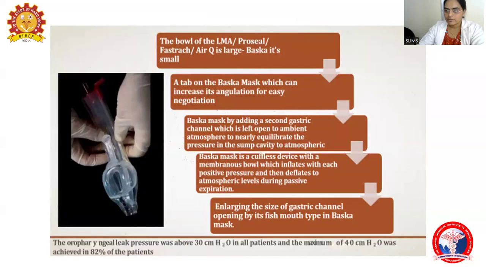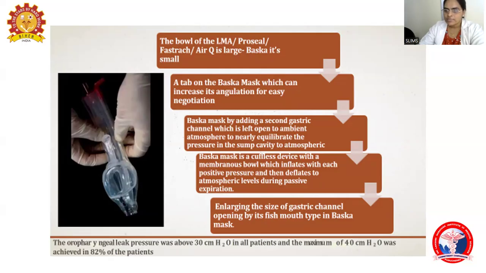So the bowl of the LMA Fastrach is large, the Baska is small. A tab on the Baska mask can increase its angulation for easy negotiation. The Baska mask adds a second gastric channel, which is left open to the ambient atmosphere, to nearly equilibrate the pressure in the sump cavity to atmosphere.